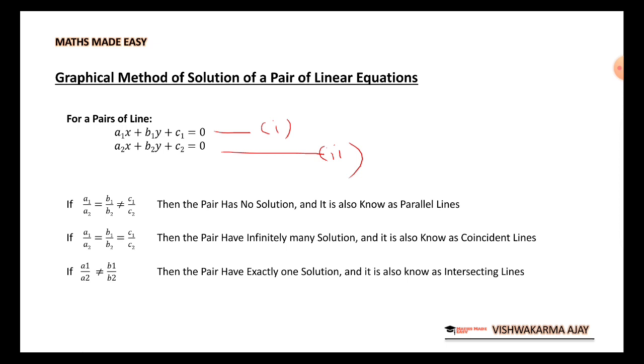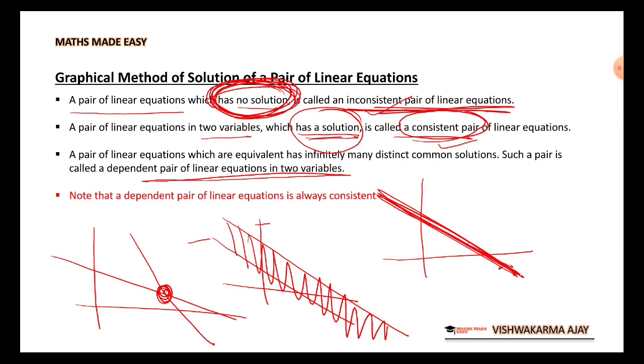See the conditions. If a1 upon a2 is equal to b1 upon b2, which is not equal to c1 upon c2, in this case the pair has no solution and it is known as parallel lines. As I told you in the previous slide, the pair has no solution and the lines are parallel, they will never meet each other.